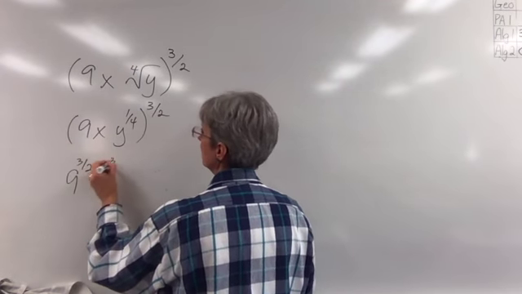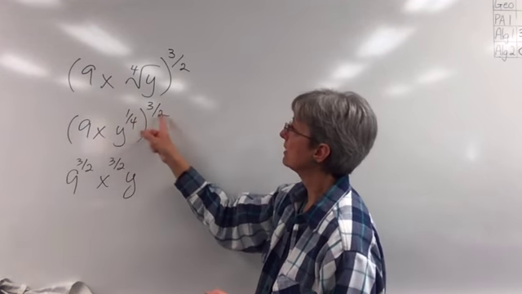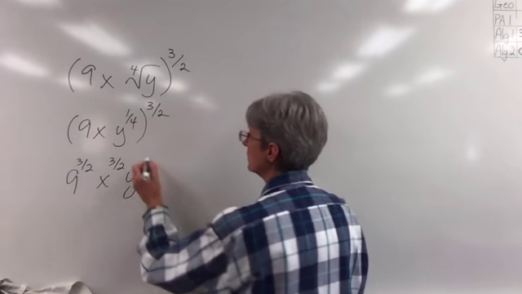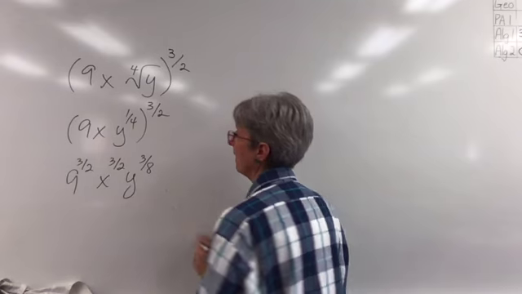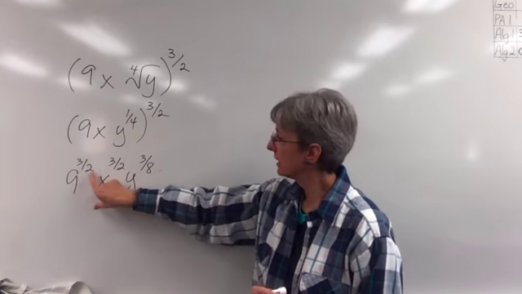X to the power of 3/2, and y to the power of 3/8. 1/4 times 3/2 is 3/8.